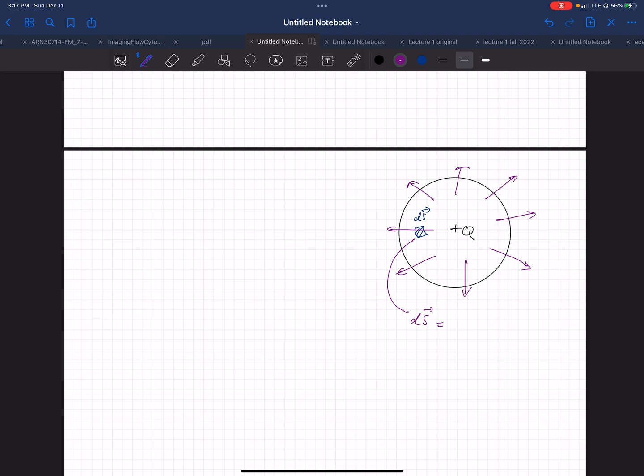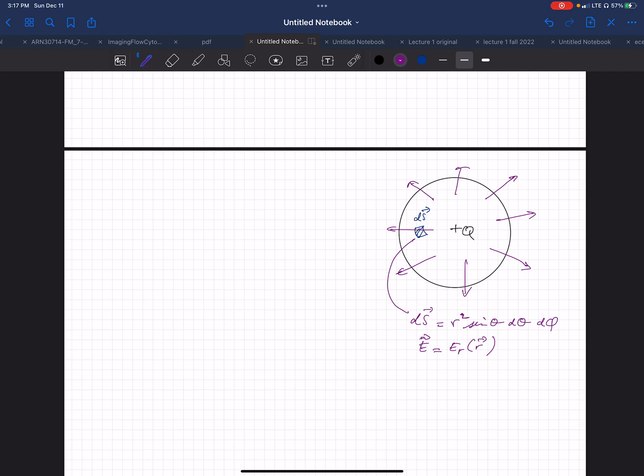The surface element ds, in spherical coordinates, is r squared sine of theta d theta d phi, and also E is equal to E sub r of r.